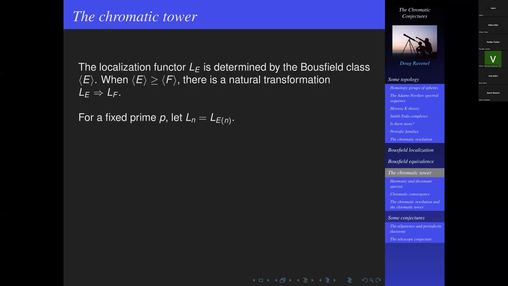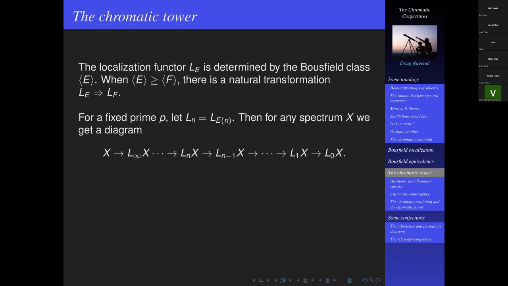Now, for a fixed prime P, let's let Ln denote Bousfield localization with respect to En. Then for any spectrum X, we get a diagram like this. So there are various localization functors. I haven't told you what L infinity is, but anyway, this is known as the chromatic tower of X.